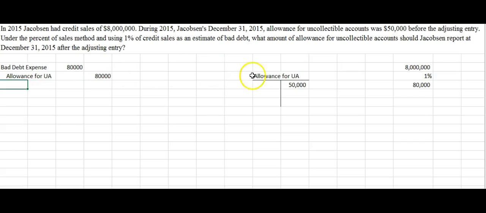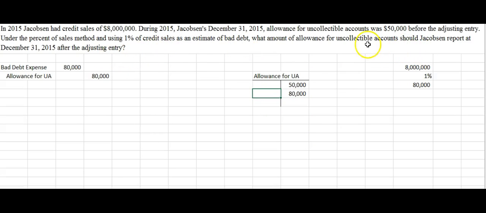Allowance for uncollectible accounts with a credit, $80,000. Okay. So this is going to come over here, right? 80,000. Okay. So what's my ending balance? That was the question, right?